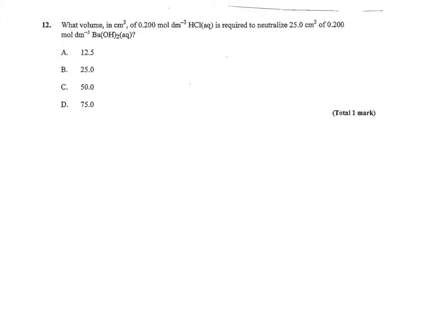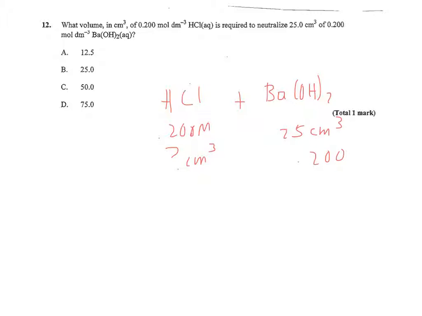Number 12 is actually easier than it looks as well. What volume of HCl, so 0.2 molar HCl, don't know the volume, is needed to neutralize Ba(OH)2, and this is 25 centimeters cubed of 0.200 molar.